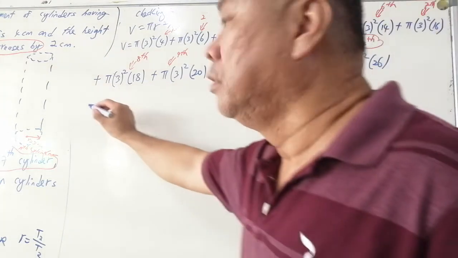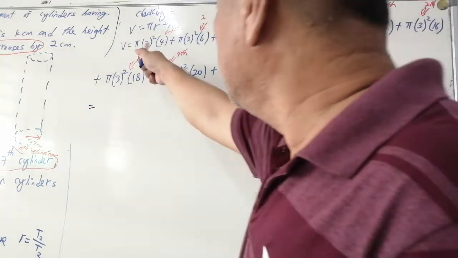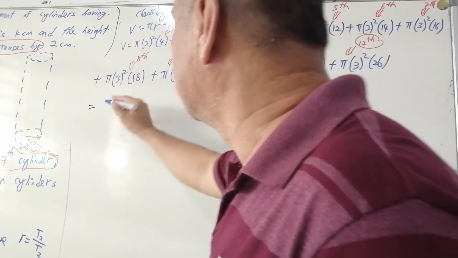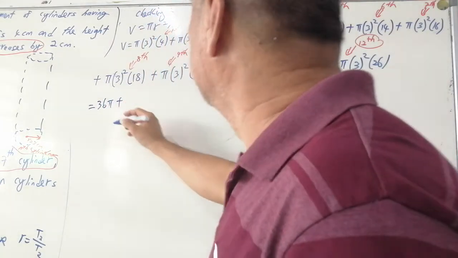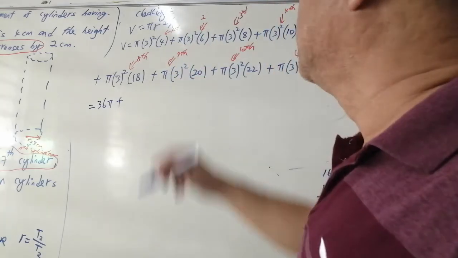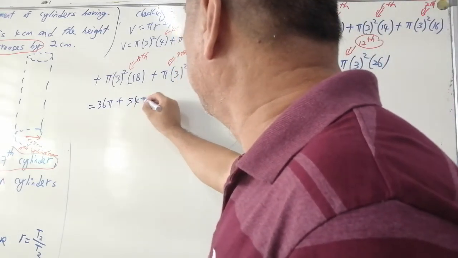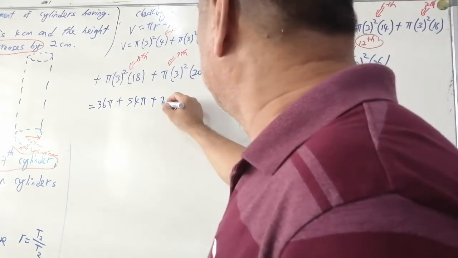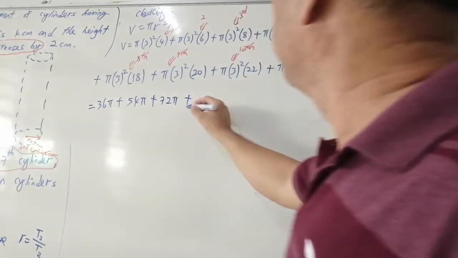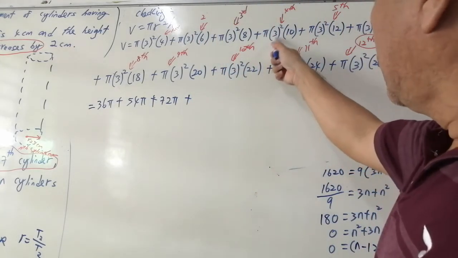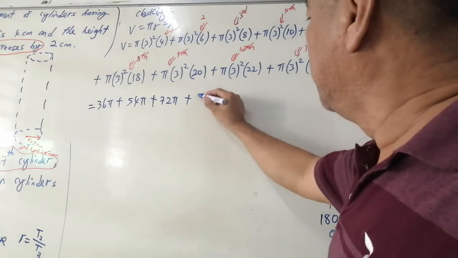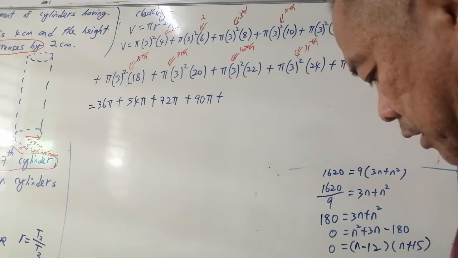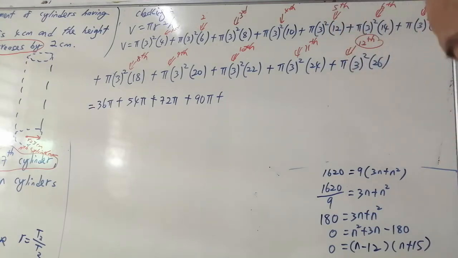Then we go to substitute in. 3 squared equal to 9. 9 multiplied 4, 36 pi. Second one, 9 multiplied 6, 54 pi. 9 multiplied 8, 72 pi. 9 multiplied 10 equal to 90 pi. 9 multiplied 12 equal to how much?